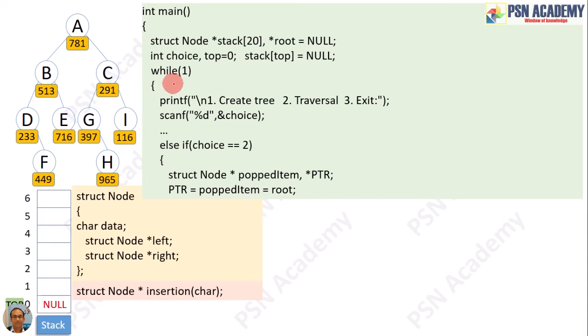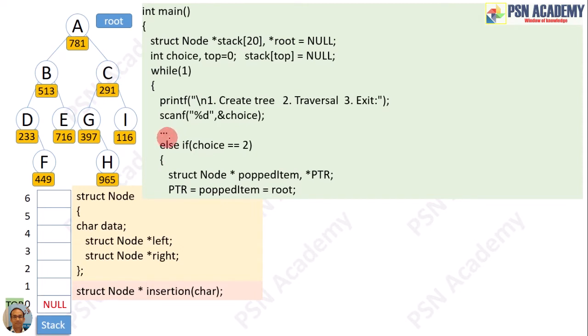Now we go for the while loop. First you have the choice from the user. Of course, during the first run of this program, you must ask the user to press 1 to create the binary tree first. And whenever the binary tree will be there, your root will be pointing to the node at 781, because this node at 781 is the root of the whole tree.